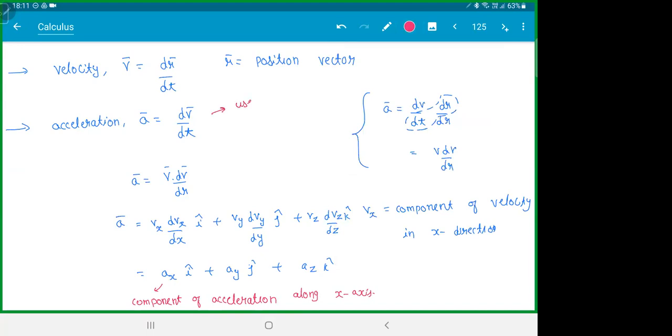Use the first if a is given in terms of time, and use the second if v is given in terms of position. Have a look at this. Ask me if you're confused anywhere.